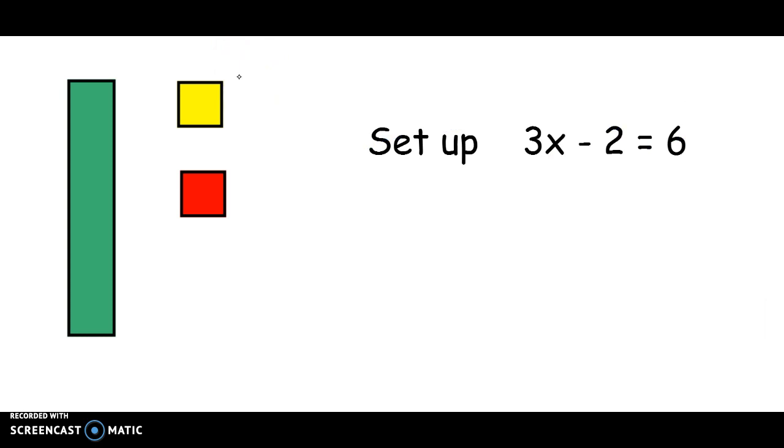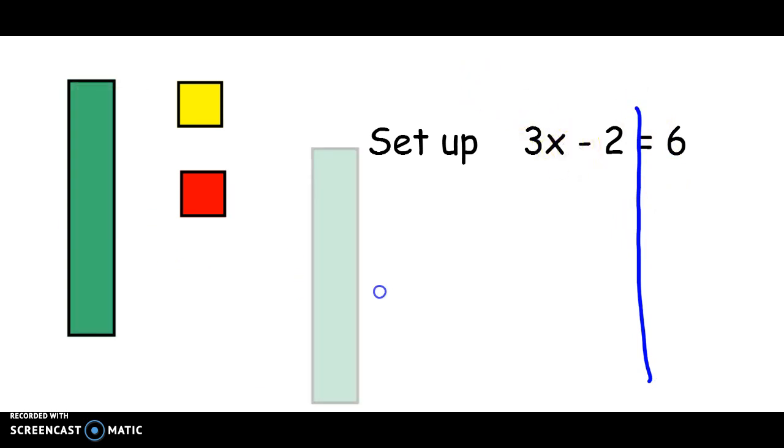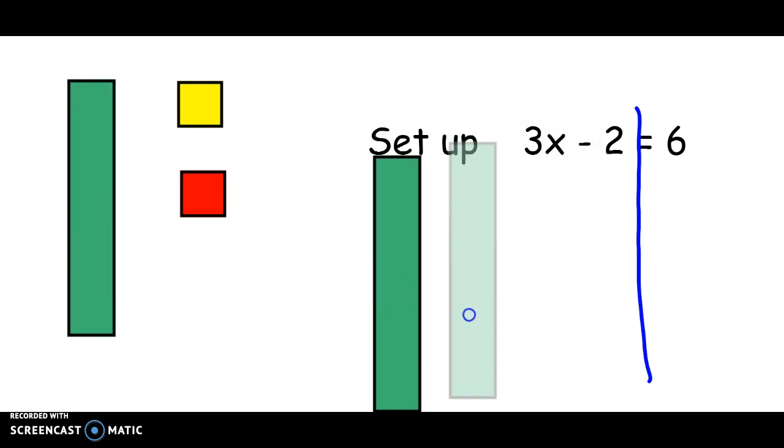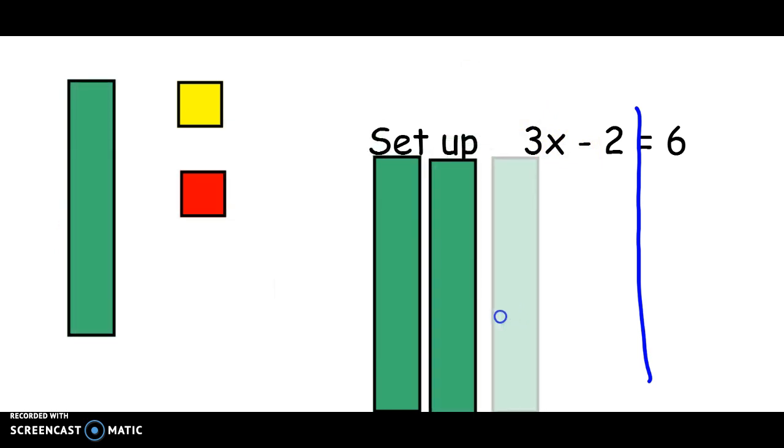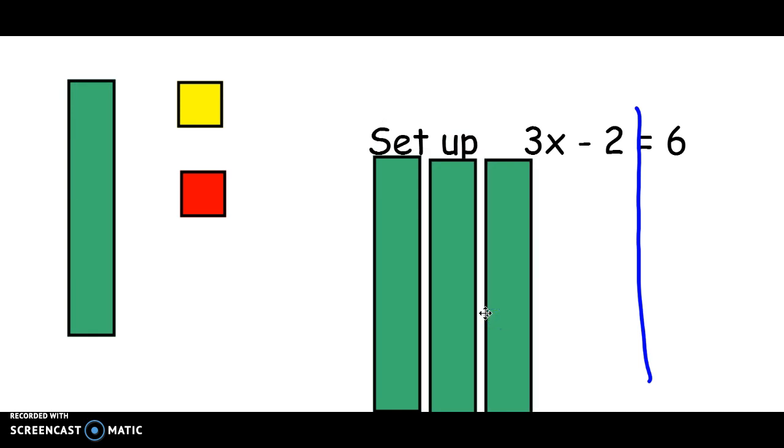Okay, now let's look at this one. This is a little different. So we have 3 x's, not a big deal. 1, 2, 3. But now I have -2. Well, if I add positive 2, that's going to be 3x plus 2.